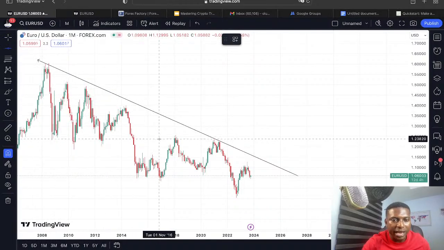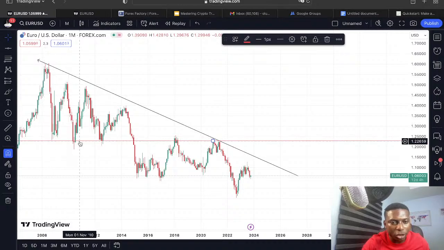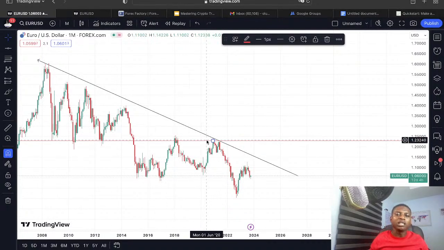Here we can see a key support level turned resistance zone. At this point we begin to have a clearer perspective of how the market has moved, how it is moving, and how it would most likely move.